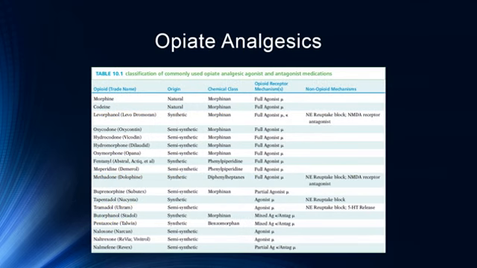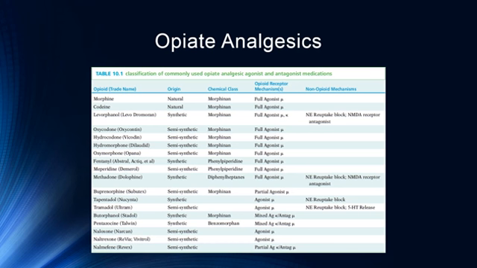So here's a look at many of the opioid analgesics, whether they're synthetic or semi-synthetic, and how they affect the opioid receptors. So morphine is the natural high chemical class of opiates, as is codeine. It's also a natural drug. These are full mu agonists.